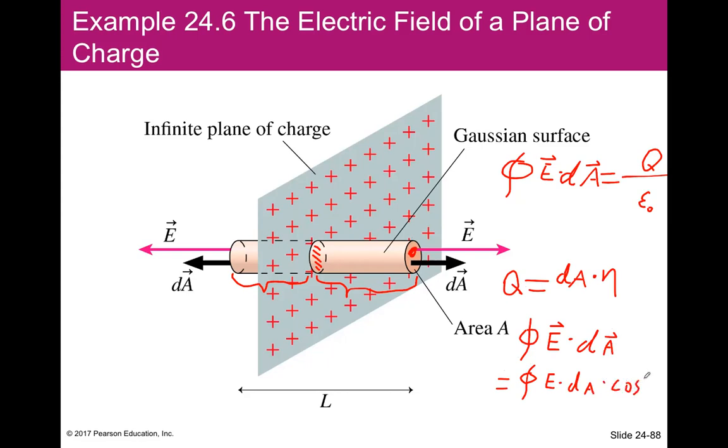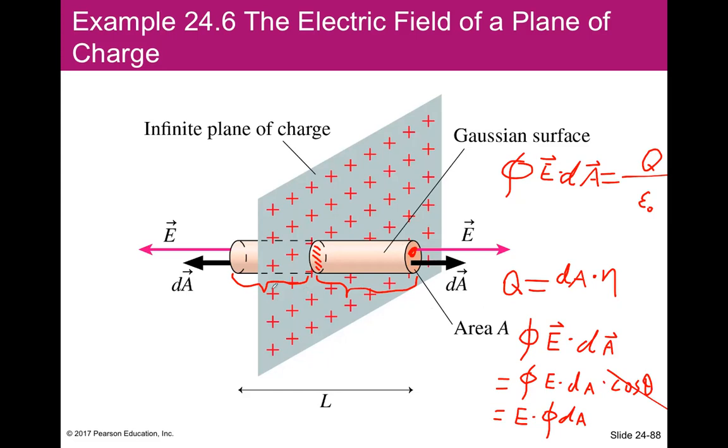Theta is of course 0, so cosine theta is 1. Now E is constant at this surface, so E can be taken out of the integral. It becomes E times the surface integral of dA, which is just the area, A, if we define it to be A.